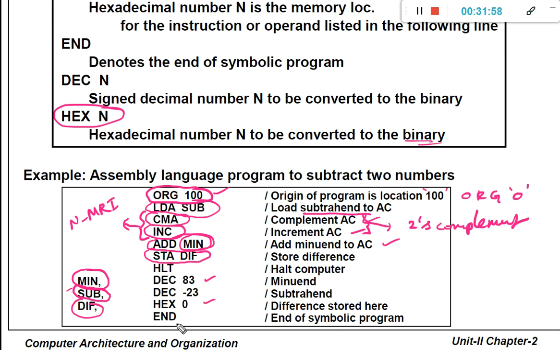Okay. And finally we are using two operations, HLT for stopping the computer, which is a non-memory reference instruction, and END for the end of the symbolic program, which is a pseudo operation. Okay, pseudo operation.